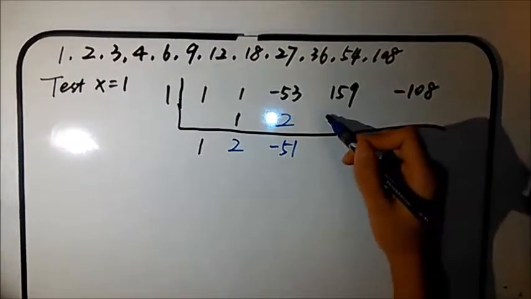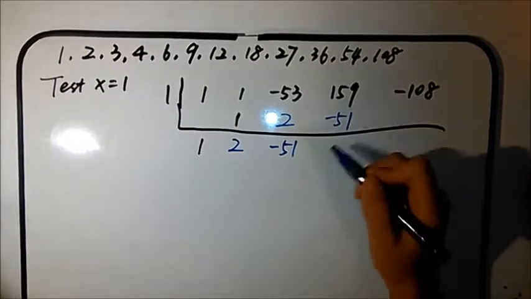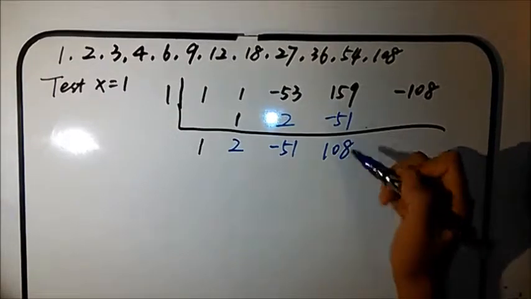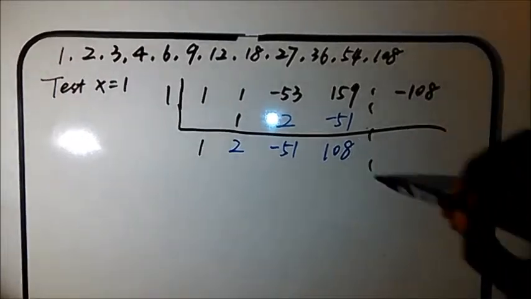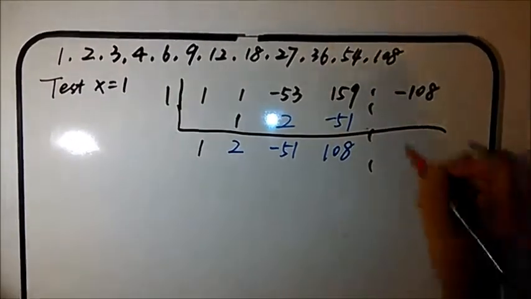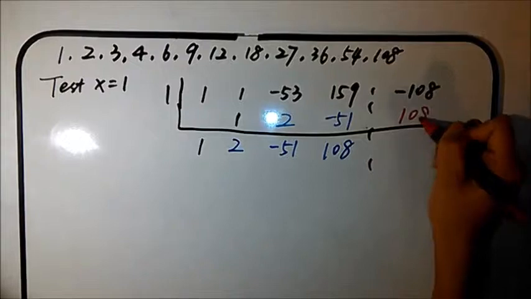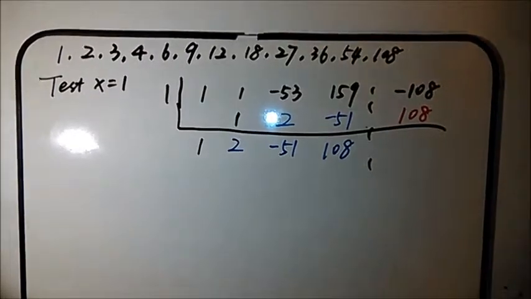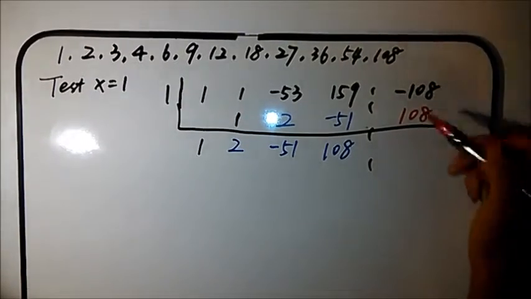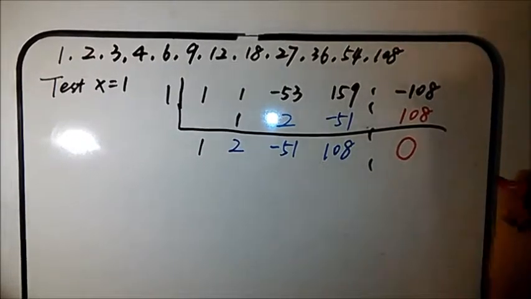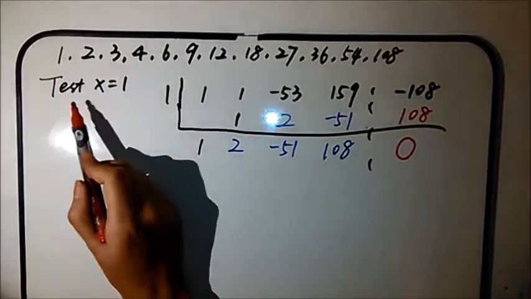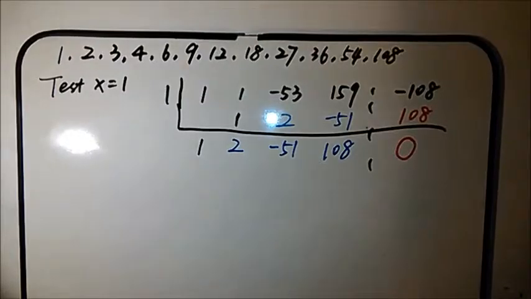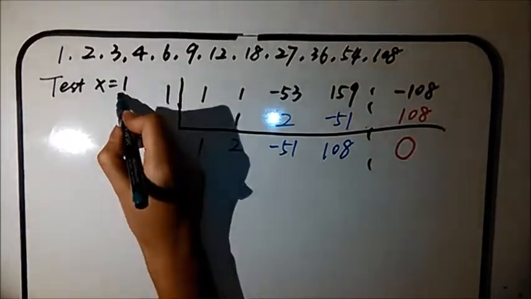Negative 51 times 1 is negative 51. 159 plus negative 51 is 108. 108 times 1 is positive 108. Negative 108 plus 108 is 0. Now, since the remainder is 0, x equals 1 is a root of that function, and it's also a factor.